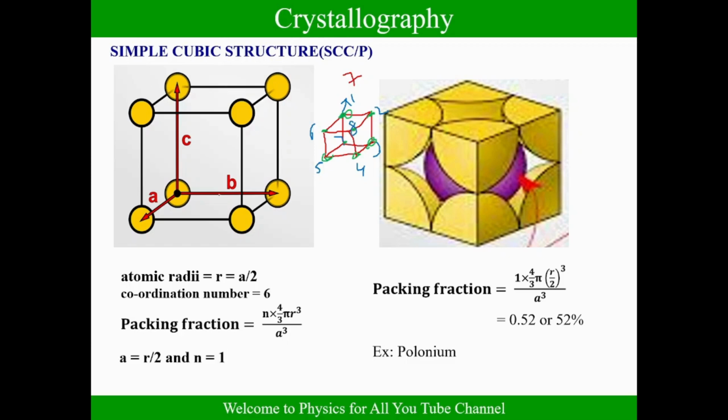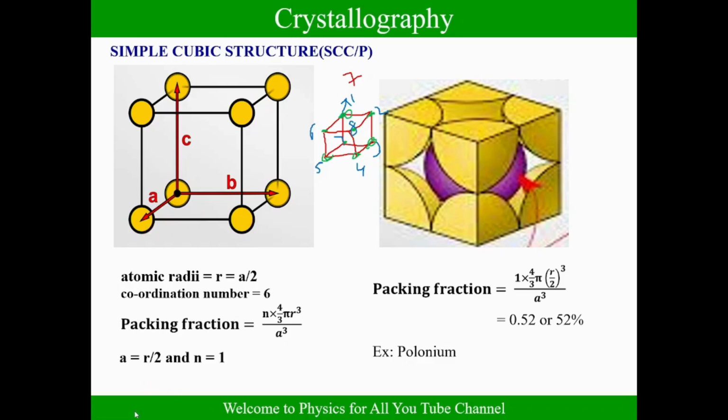Therefore, these 8 atoms are occupied at the 8 corners of the unit cell. You can understand this clearly by using this bigger diagram: first atom, second, third, fourth, fifth, sixth, seventh and eighth.